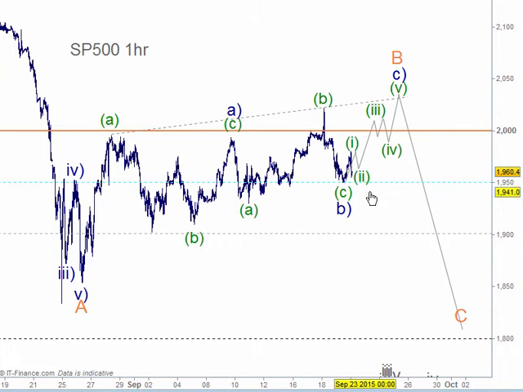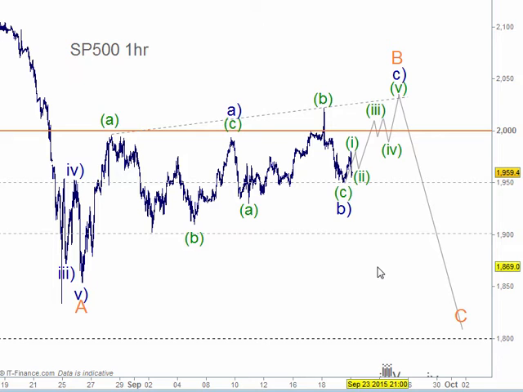As long as that low stays in place here, and more so on the cash market than anything else, then we can be looking at 5 waves to the upside here. So at the moment, this is the primary count that I've got.